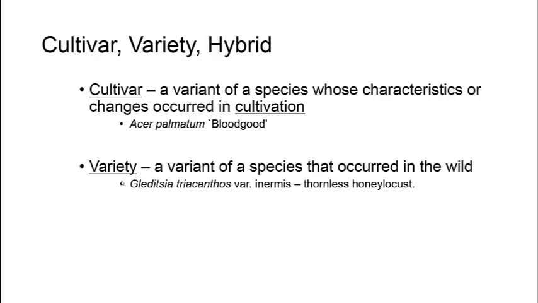A variety is a variant of a species whose characteristics or changes occurred in the wild. They didn't happen under the influence of man; they were just discovered in nature. An example is the thornless honey locust, Gleditsia triacanthos var. inermis. There is another plant called Gleditsia triacanthos that has thorns, and inermis is Latin for unarmed, so it has no spines.